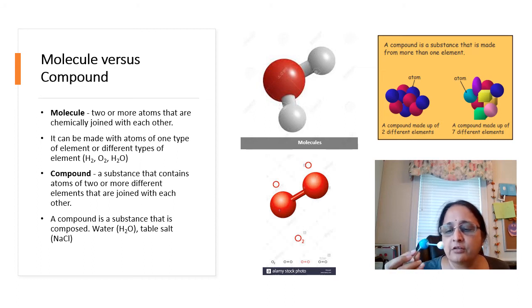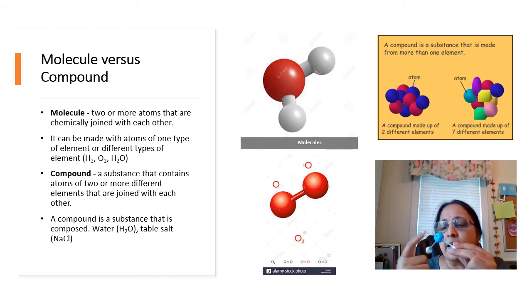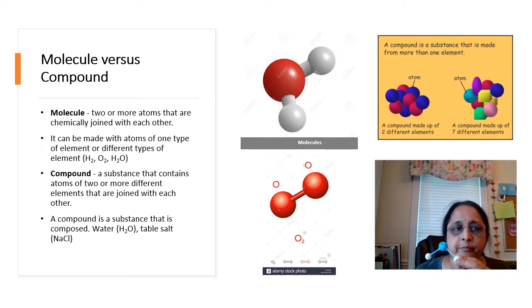This is a water molecule formed by, this one is oxygen and these two are hydrogen. So the number of varieties of atoms in this particular one is 2. One is oxygen and one is hydrogen. What do we call this? We call this one a molecule. So let's say I have taken an oxygen molecule.